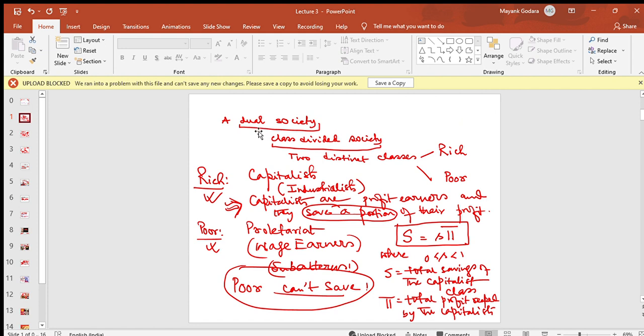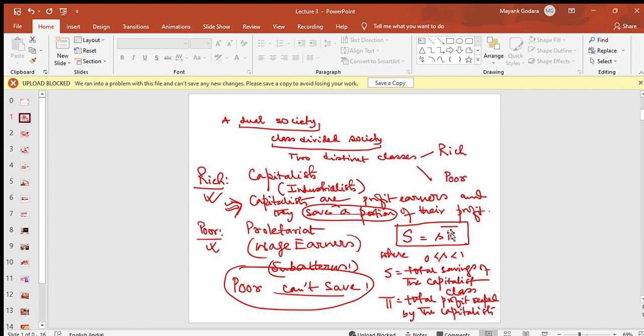So there is a dual society, a class divided society, and what are the classes? They are rich and poor. So rich capitalists are the profit earners and they save a portion of their profit. Poor are wage earners. So you can see that here is an equation given.